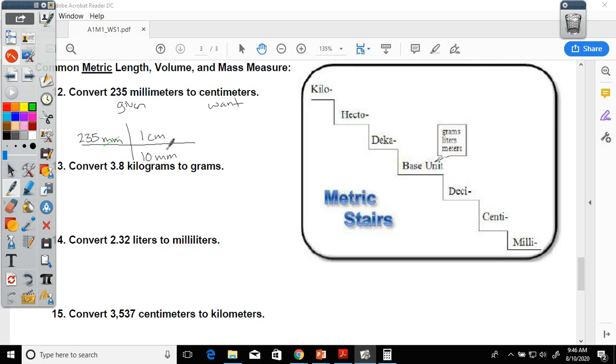The millimeters will reduce out, so those are gone. Multiply straight across, we get 235 centimeters is the only thing left over, divided by 10. So we get 23.5 centimeters. There's my final answer. Box it or circle it in.